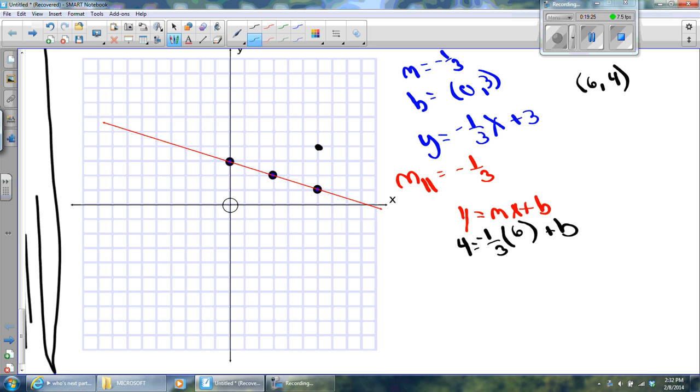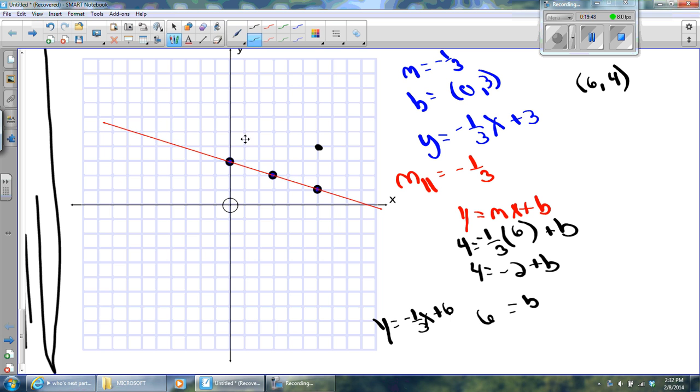There we go. Okay, so I'm going to get 4 equals negative 2 plus b, and b is going to equal 6. So my new equation is y equals negative 1/3 x plus 6. That's the equation of the line parallel to it.